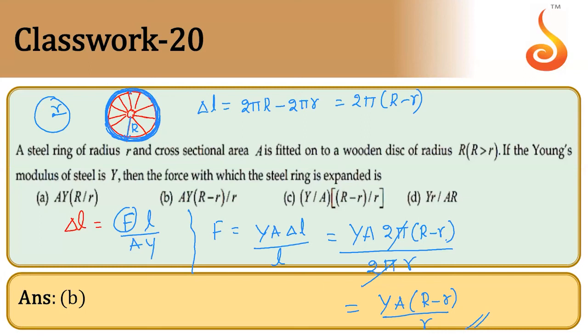Diagram, okay. See, I have a wooden wheel. Okay, I'll take help of this. This is the wooden wheel. So the wooden wheel will be like this.